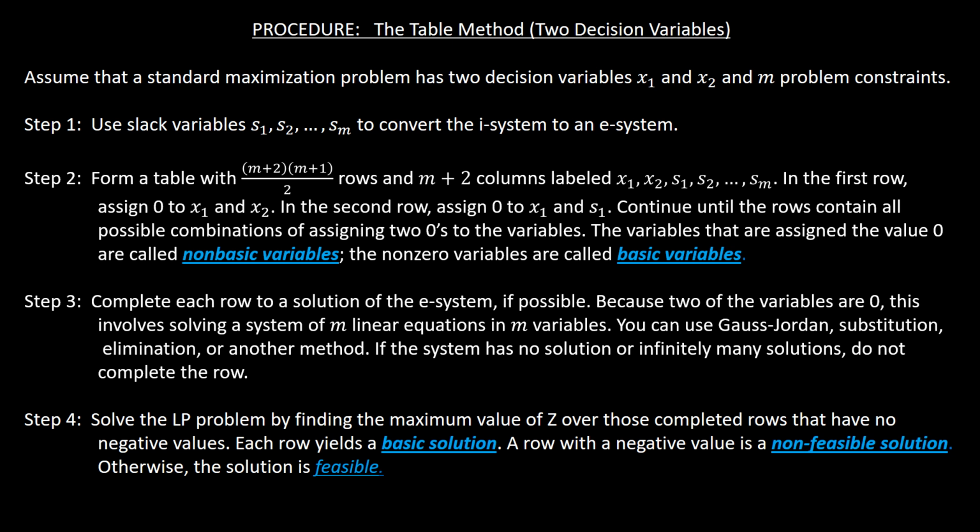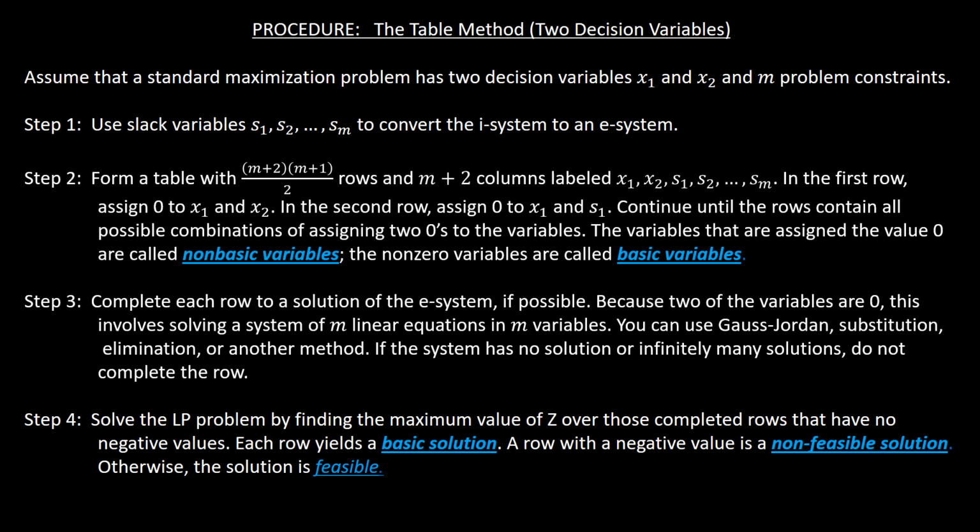Step 4, we'll solve the linear programming problem by finding the maximum value of z over those completed rows that have no negative values. Now remember, the columns in the rows represent x1 all the way through the slack variables. x1 and x2 are non-negative, and so are the slack variables.